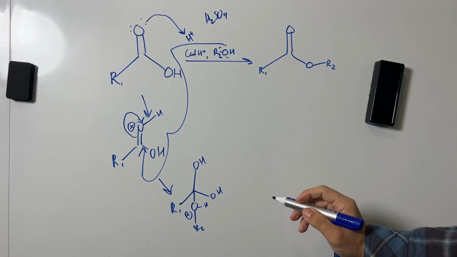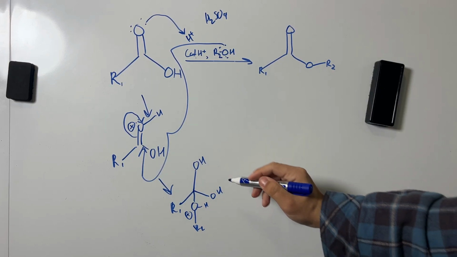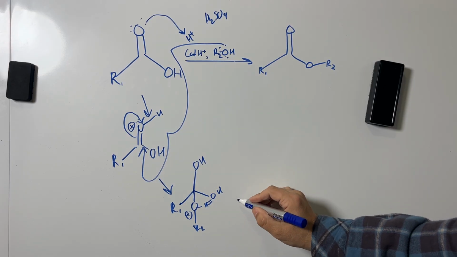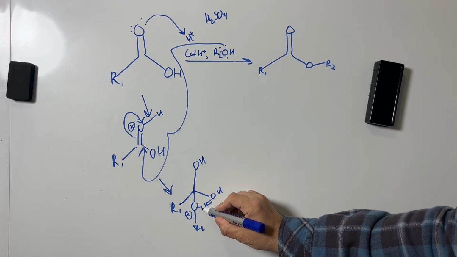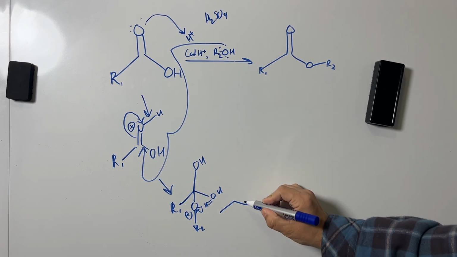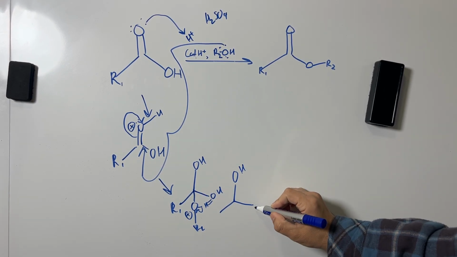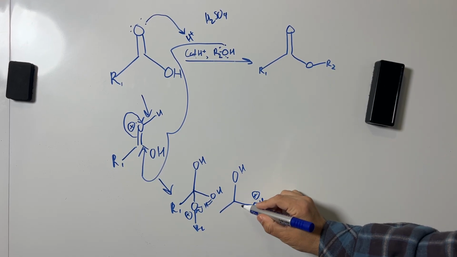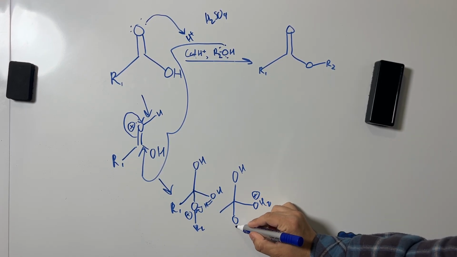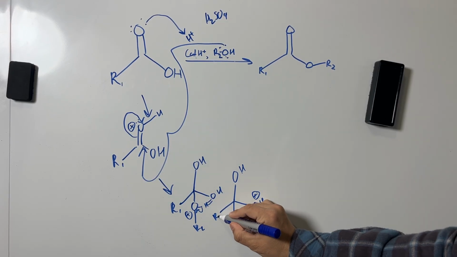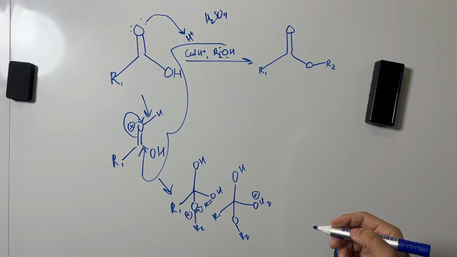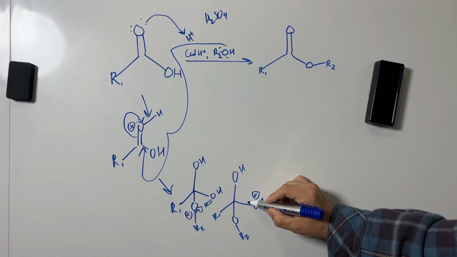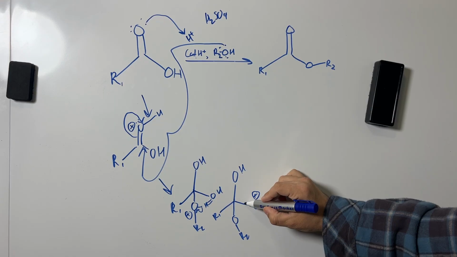So what happens is there is a proton transfer here where this gets taken and these electrons move here. So now we have OH, OH2 plus, R2, R1, and these are like, all right, we're just going to go on now and leave.